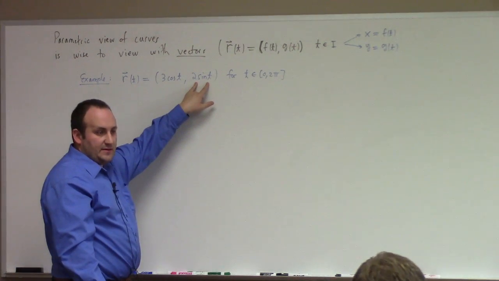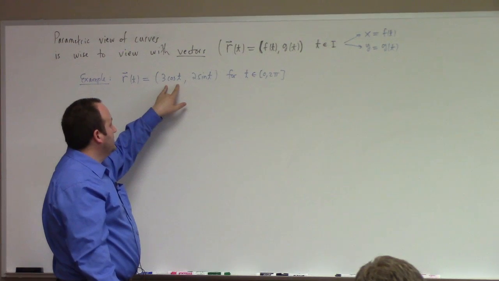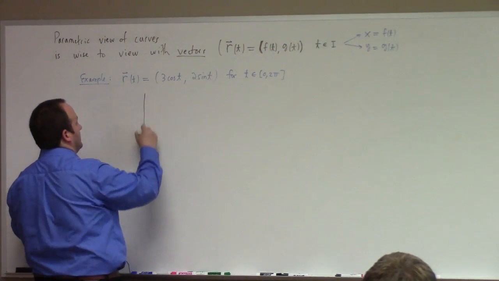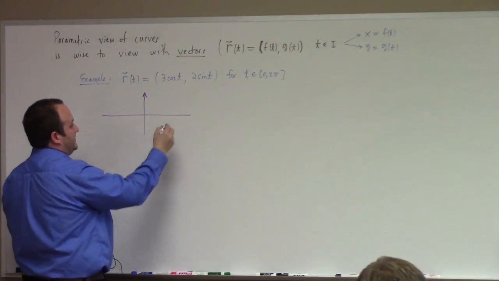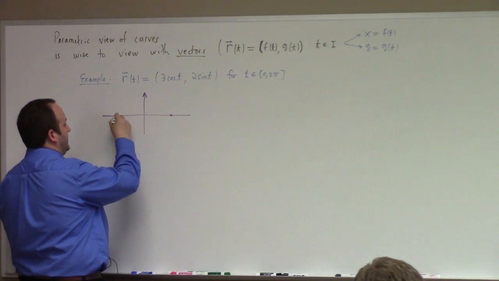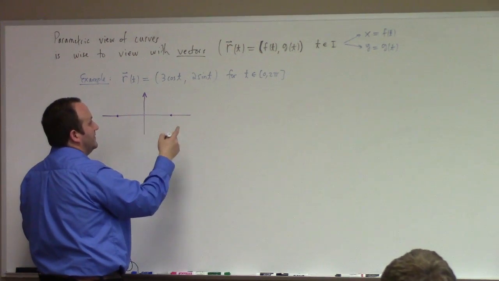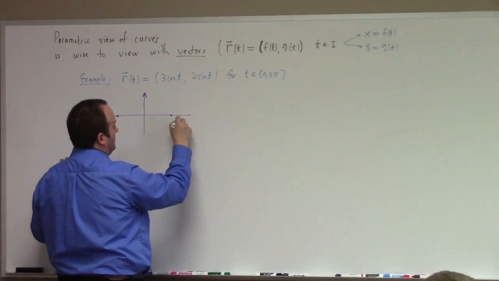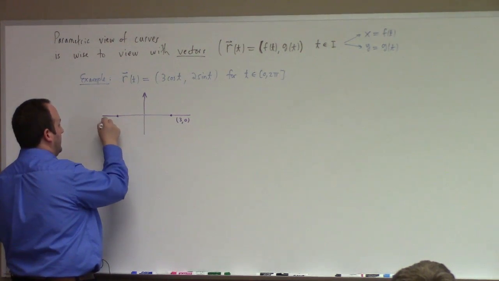And you could plug in some points, if you make that table of values like we did last time. So your x would go between this point and that point, right? When t is equal to 0 or pi, your y component's 0, and you get these points, like (3, 0) and (-3, 0), right?